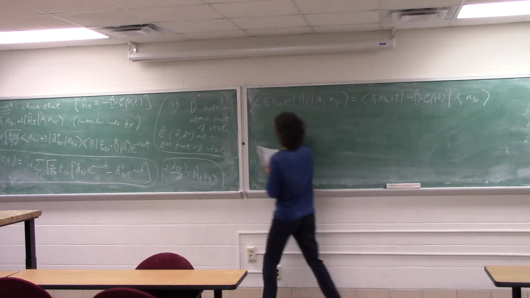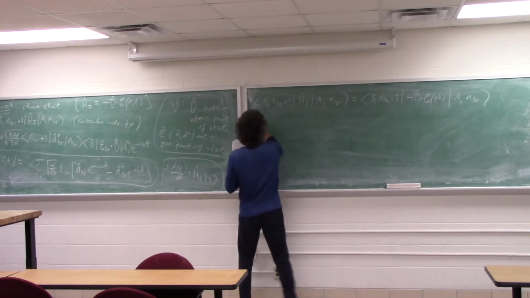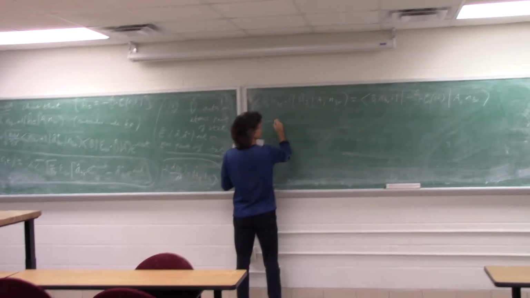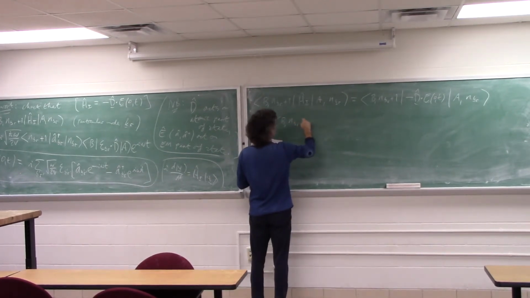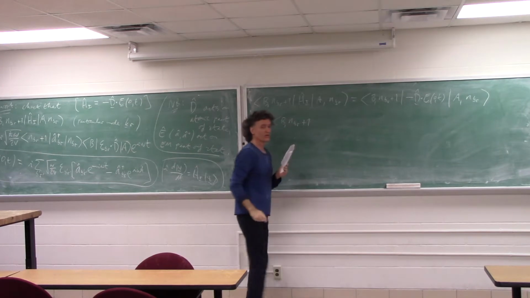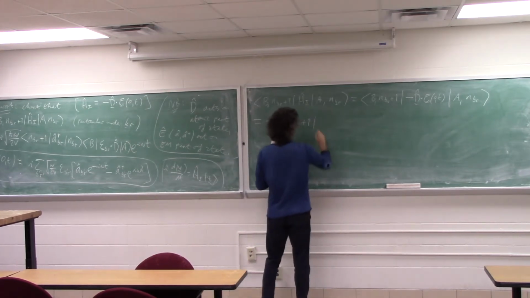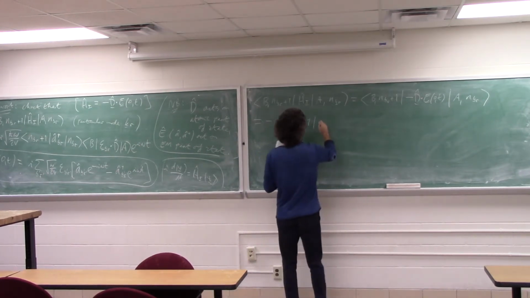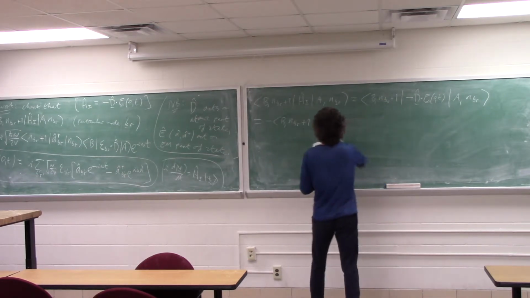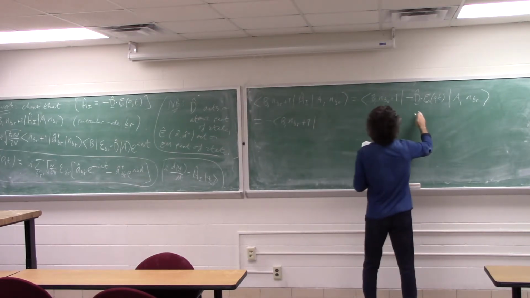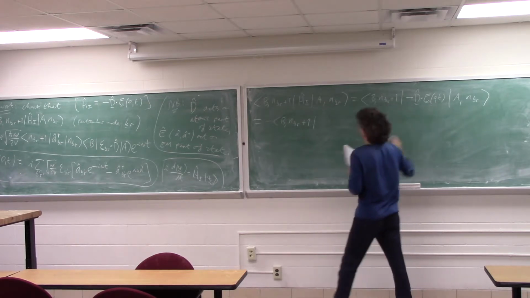Now, if you look at this, let's take out the minus sign. So I'm getting you started on your homework here. We have D dot... what is this? I'm taking out the minus sign.